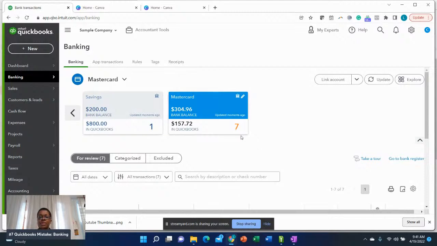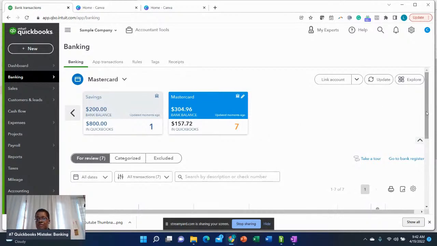That's the number one mistake in this section: people believe QuickBooks is going to be updated by itself. That's not the case. The purpose of the banking section is to ensure that your reconciliation is correct at the end of the month. It takes the bank transactions and matches them in QuickBooks.